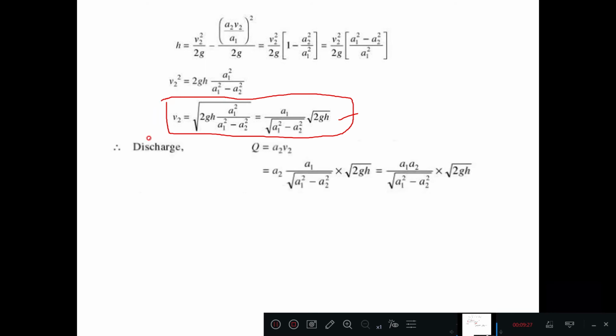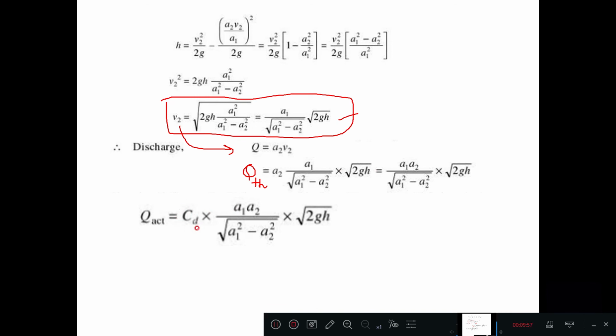Then as we know the discharge equation, Q equal to A2 V2, substituting the value of V2 in this equation, finally we get Q equal to A1 A2 divided by root of (A1 square minus A2 square) into root of 2gH, and this gives the theoretical discharge under ideal conditions. But actual discharge will be lesser than the theoretical discharge.